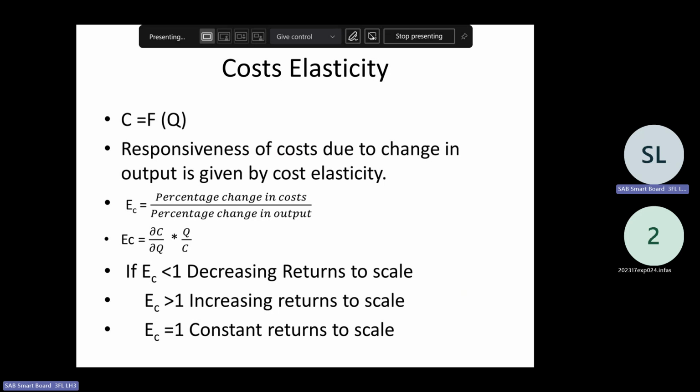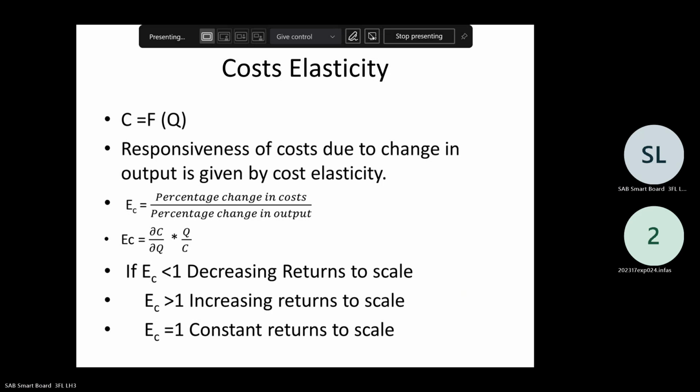Percentage change in cost means delta C over C, delta C divided by C. Percentage change in output means delta Q divided by Q. By rearranging that equation, you can find delta C over delta Q times Q over C. So that is the cost elasticity.